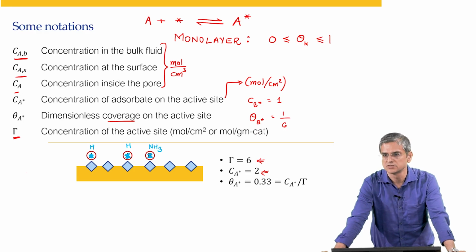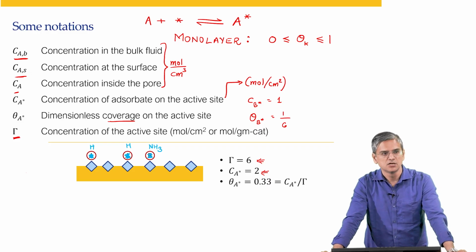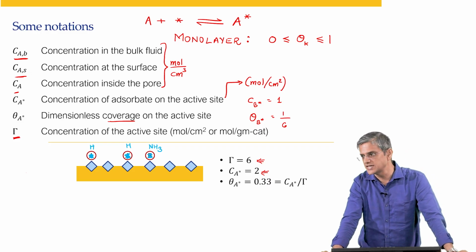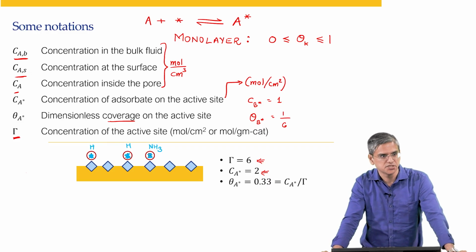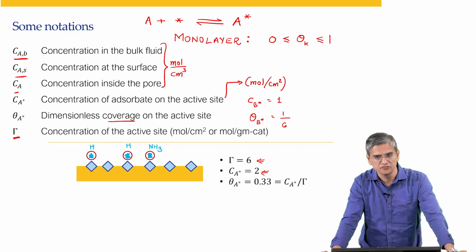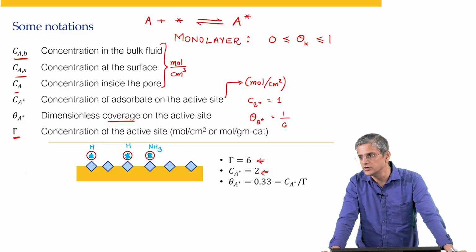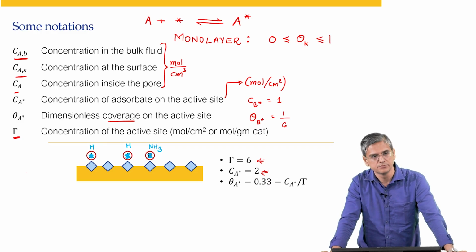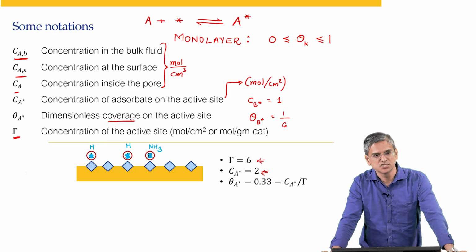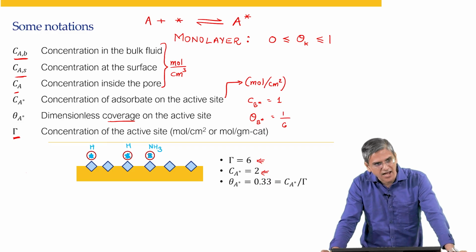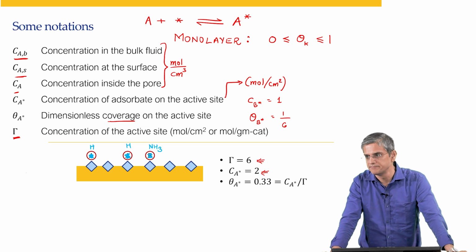Okay. So, theta H star is the fraction of the total sites that are covered by atomic hydrogen. Theta NH3 star is the fraction of the total active sites that are covered by molecular ammonia. Theta star is the fraction of the available sites that are as of now uncovered.